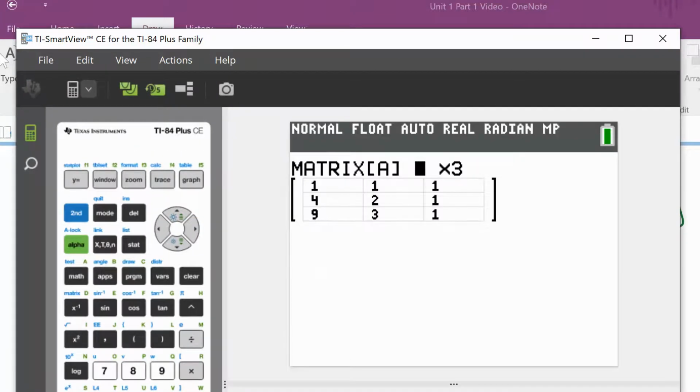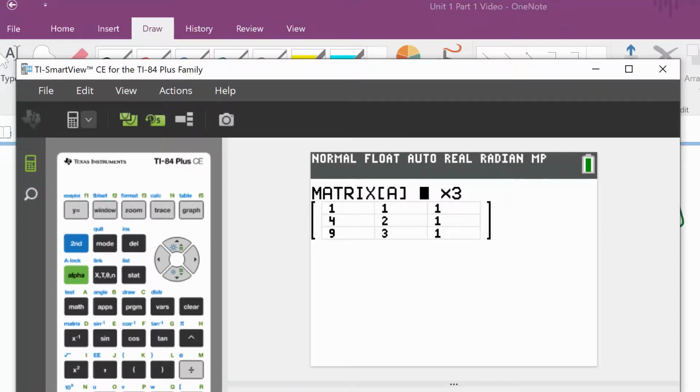Hit enter, and you're going to type in 3 by 3. I've already done it, but you can type it in again, 3 by 3, and then it'll tell you to what rows. So you just hit 1, enter, and then 1, enter again, and then again, and then 4, and then hit enter. So you go across, and 9, 3, and 1.